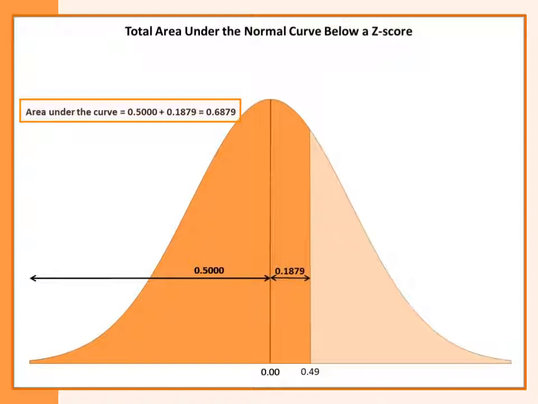So we then add to that area of 0.1879 the total area that falls below the mean of 0, which is 0.5. So we end up with then, by adding those two areas together, 0.6879 area under the curve falls to the left or below a z-score of 0.49.